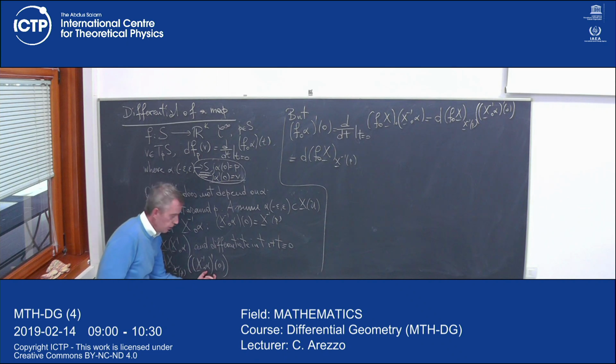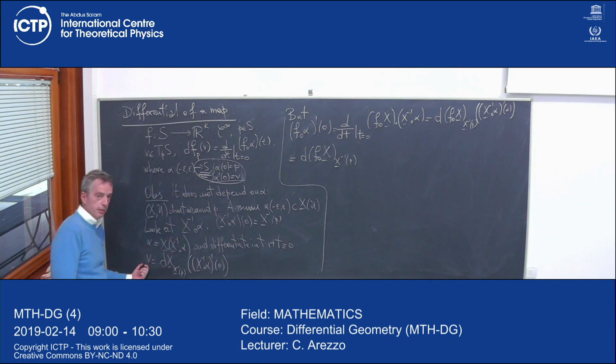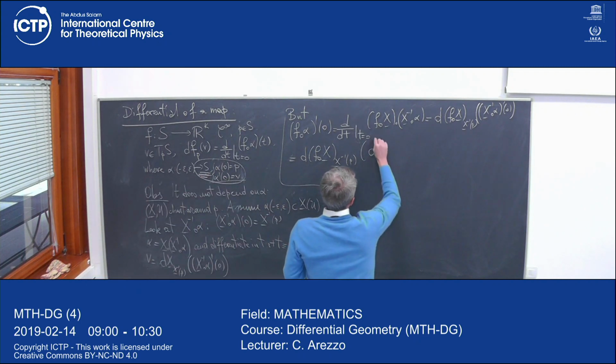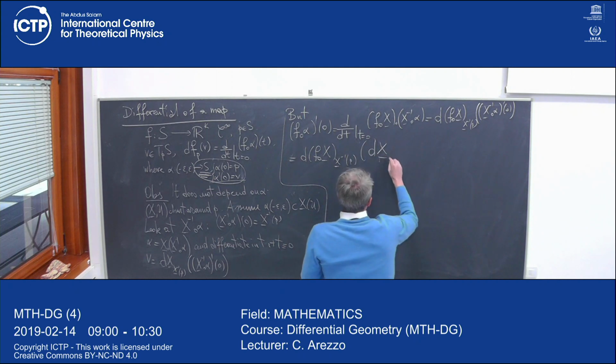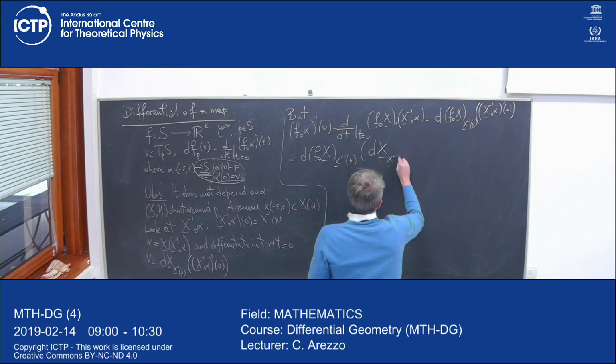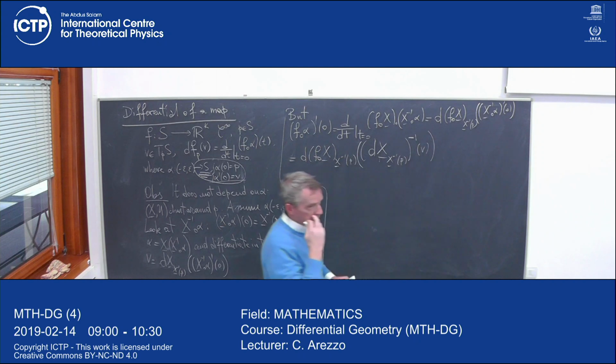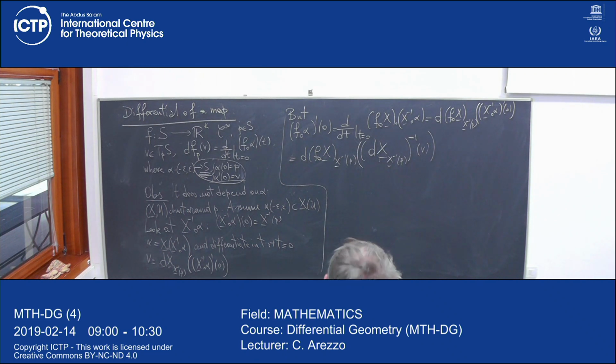So this object here, I'm going to write as dx inverse of v. Which means what? Well, now I can just rewrite it.